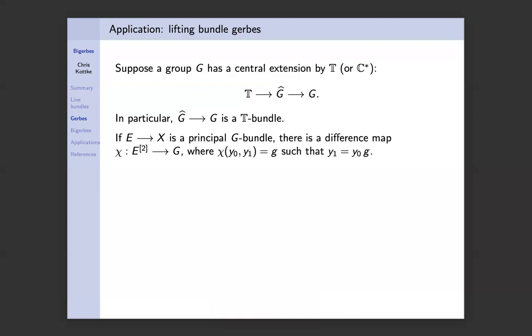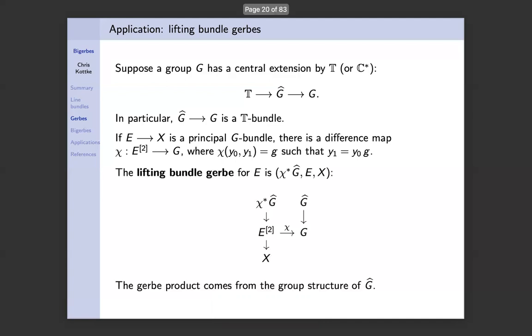So we call this the difference map. G is essentially like the difference of y1 and y0.